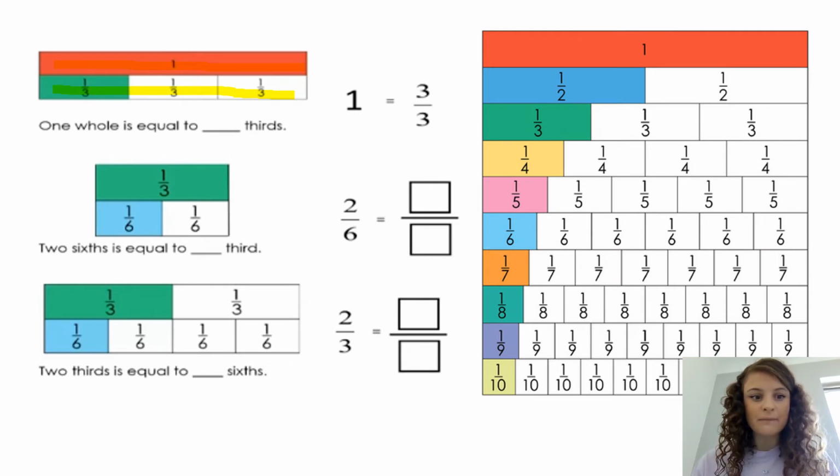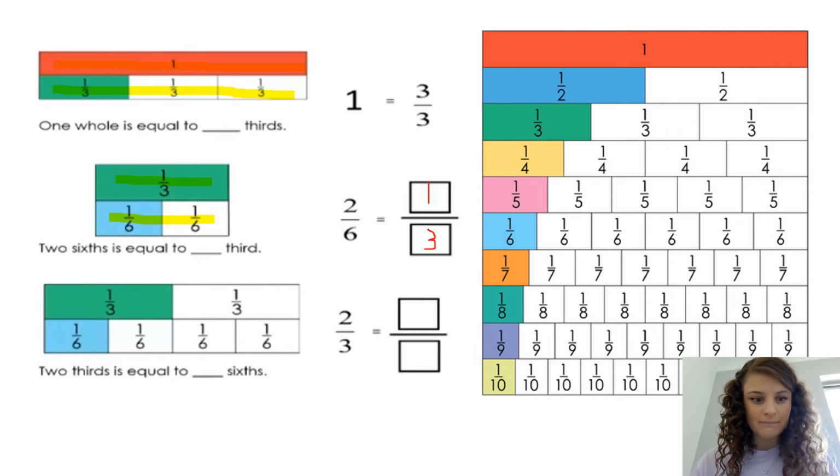Let's have a look at the next one. 2/6 is equal to blank thirds. Okay, this would be 1/6, but I want 2/6, so I need to highlight 2 parts. Ooh, let's see what it's equal to. 2/6 is equal to how many thirds? That's right, it's equal to 1/3.